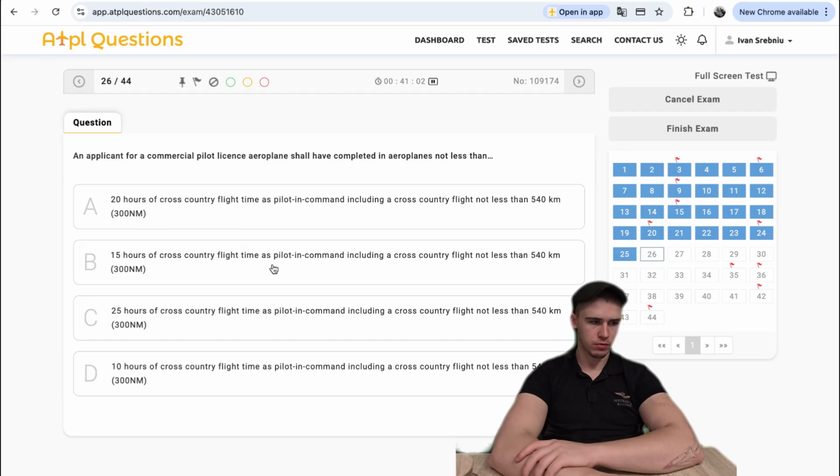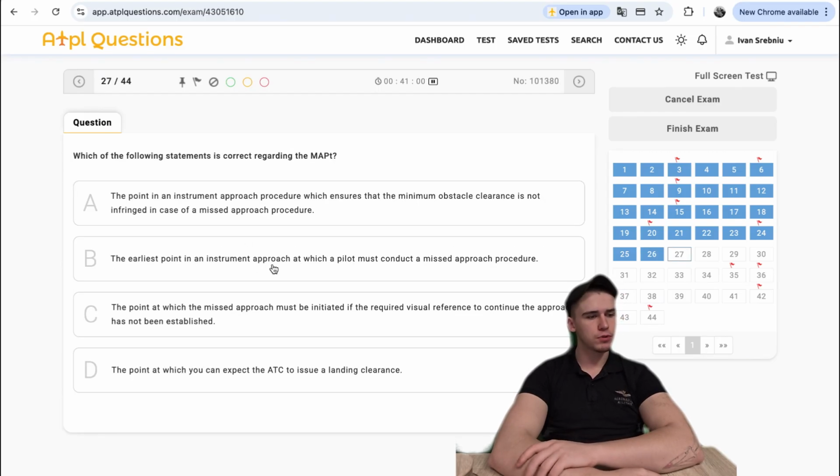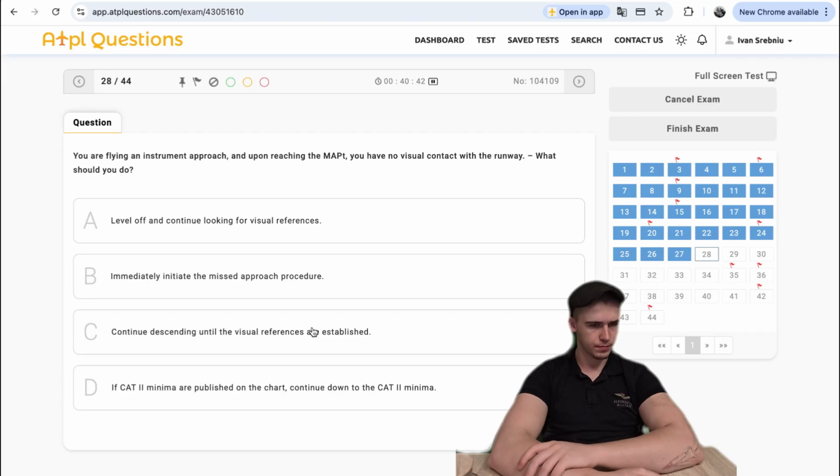Okay, let's answer 15. Which of the following statements is correct regarding the missed approach point? Just to remember: you are flying an instrument approach and upon reaching the missed approach point you have no visual contact with the runway.